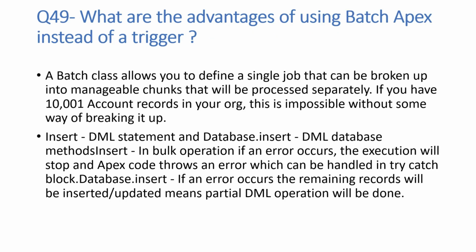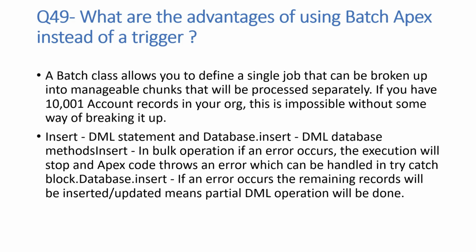What are the advantages of using batch Apex instead of a trigger? A batch class allows you to define a single job that can be broken into manageable chunks that will be processed separately. If you have more than 10,000 account records in your org, this is impossible without breaking it up.